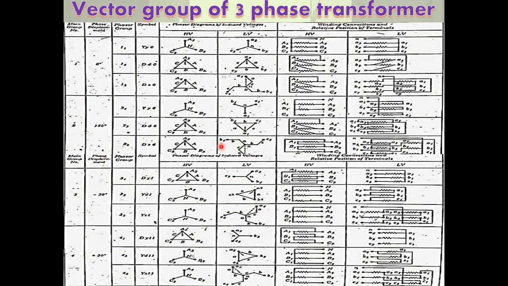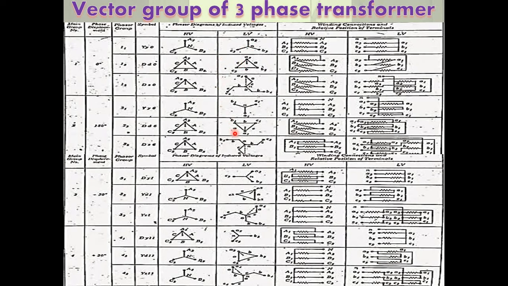Terminal markings on the HV side are capital A, B, C, and N. On the other side, terminal markings on the LV side are small a, b, and c.